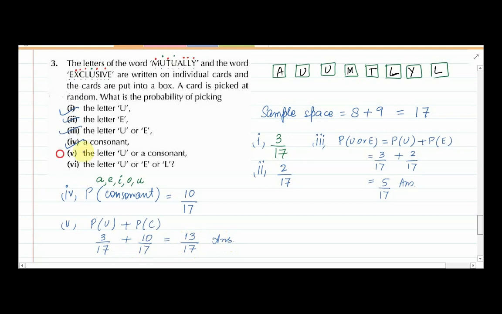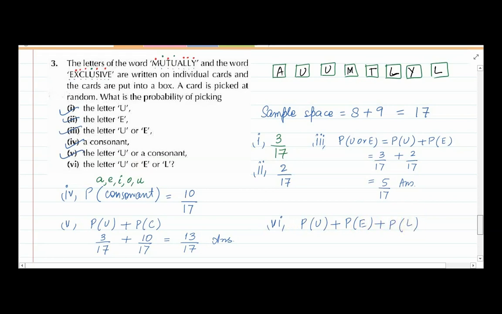The last part, sixth one, the letter U or E or L. Now there are 3 letters and in between we have a word or. That means probability of U plus probability of E plus probability of L, right?